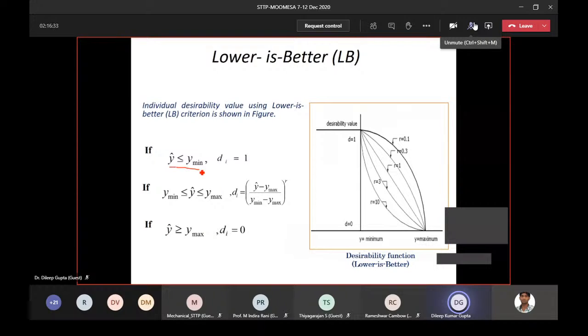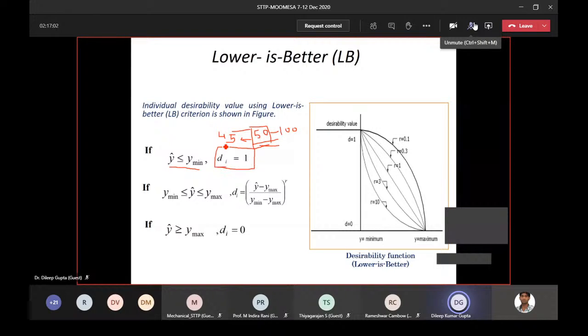But if the y value is less than the y minimum, suppose the desirable condition I have asked for is 50, and minimum is better condition, and the range lies between 50 to 100, right? So ये desirable condition है, आपका target value क्या है 50, right? And if you are getting 45, then अगर आप 45 आपको मिलता है तो 50 जहां मिल रही है डिजायरेबल कंडीशन है, 100% सेटिस्फैक्शन हुई तो d is equal to 1 होगा.